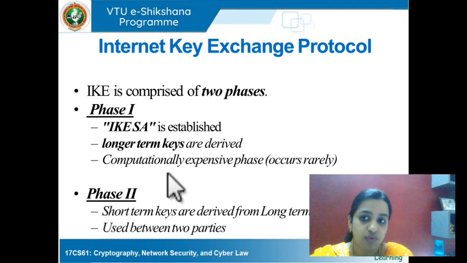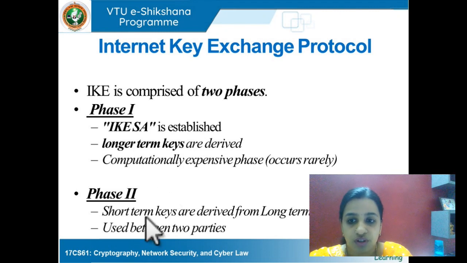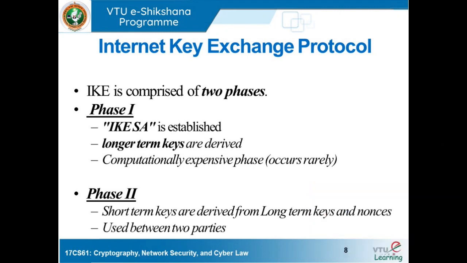Now what do we do in phase 2 of an IKE protocol? In phase 2, short-term keys are derived from the long-term keys, and these short-term keys are used by the communicating parties in order to perform further encryption.